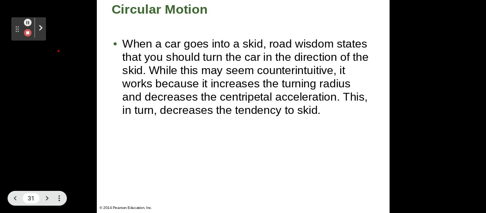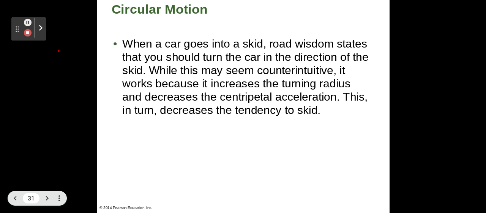It works because increasing the turning radius decreases the centripetal acceleration, so it'll slow you down. This in turn will decrease your tendency to skid, and you'll come out of that skid. So it seems like, well, why wouldn't you just keep trying to go straight, or why wouldn't you correct by going in the opposite direction?